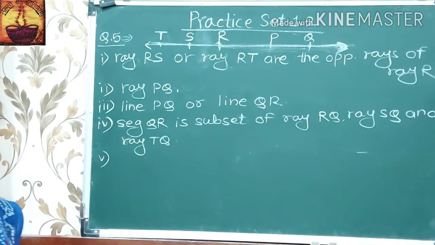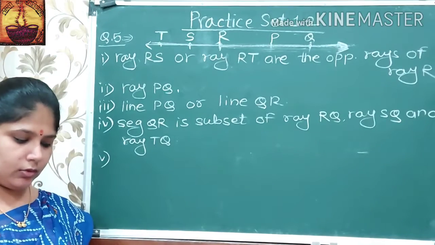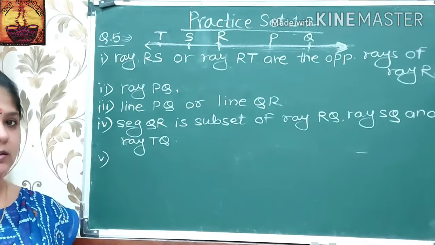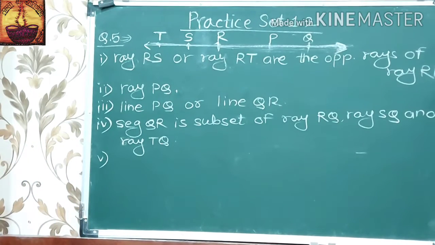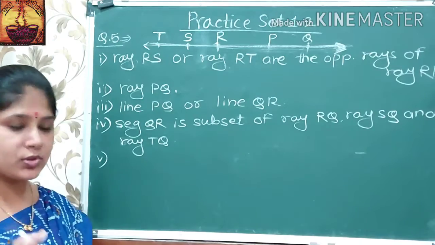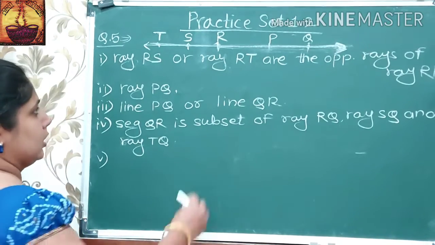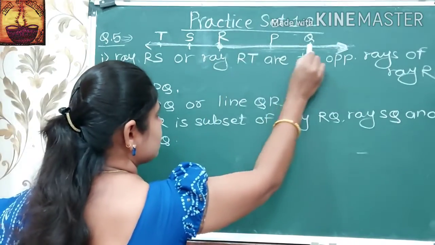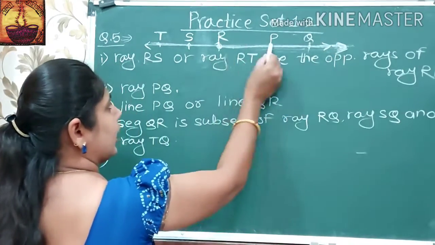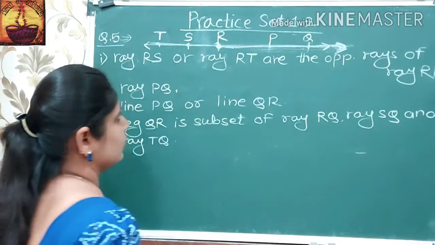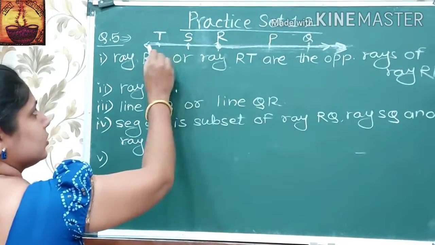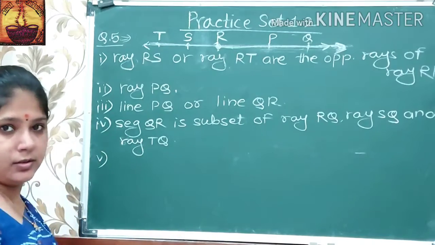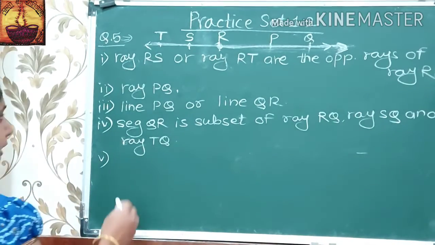Now the fifth question is, write the pair of opposite rays with common endpoint R. We have to write opposite rays starting from the common endpoint R. The opposite rays starting from point R are RP and RQ. And the opposite rays of these are RS and RP. Therefore, write them in pairs.